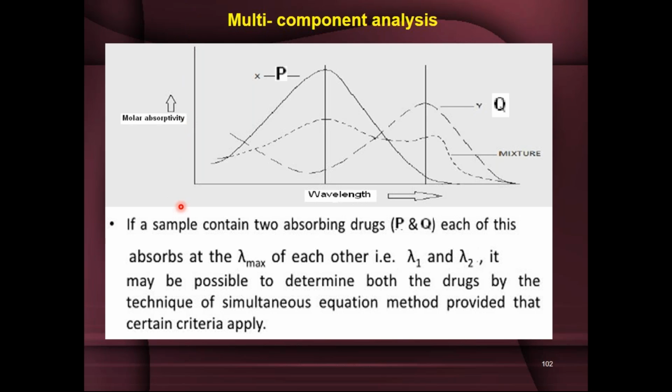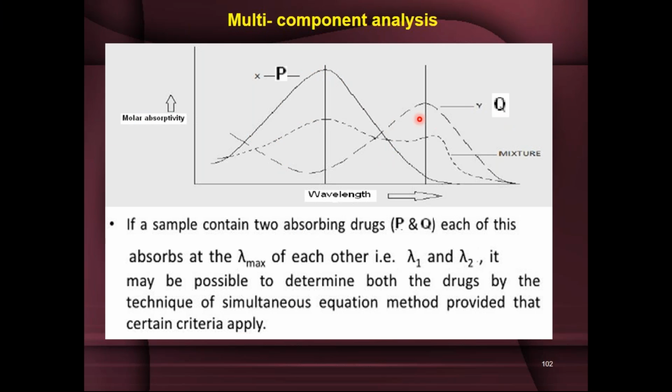This is molar absorptivity versus wavelength. You have two substances. You can see this line, this is for substance P, and this broad dashed line, this is for substance Q. Okay.